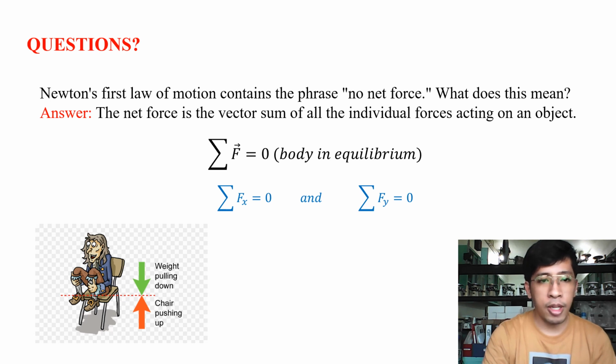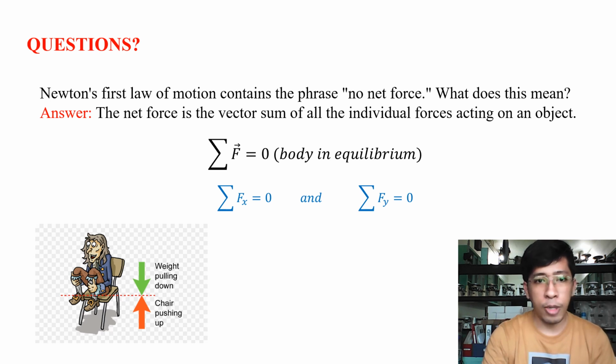Like for example, you have here a man sitting on a chair. The only way that the man is in equilibrium sitting on a chair is when the weight, which is pulling down, the pull of gravity on the man, is equal to the force that the chair applies on the man, pushing the man up.